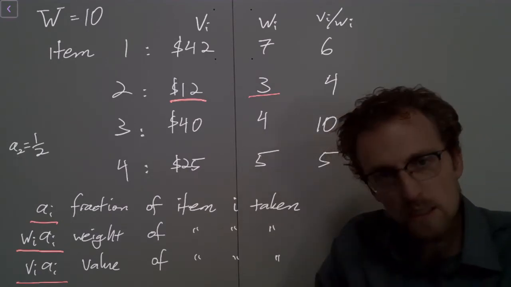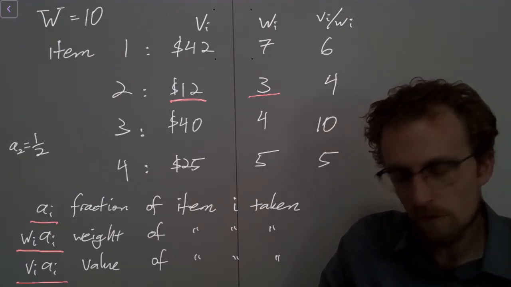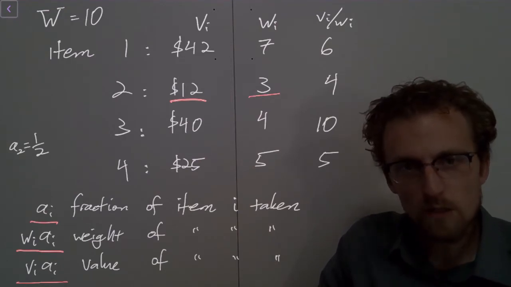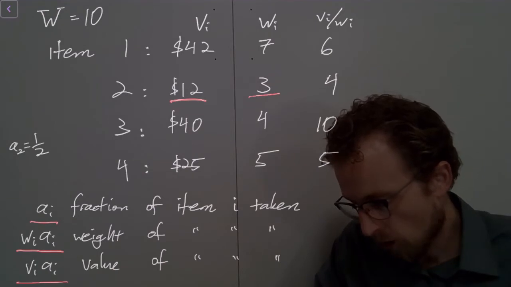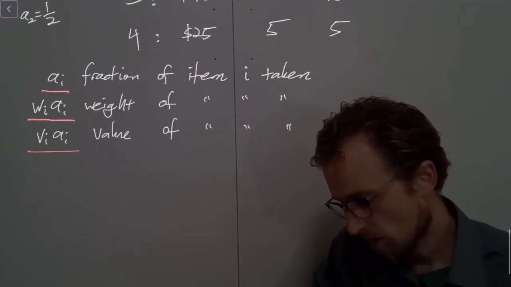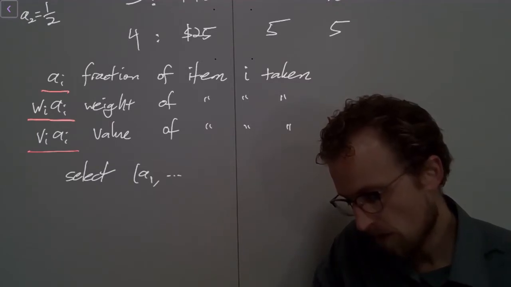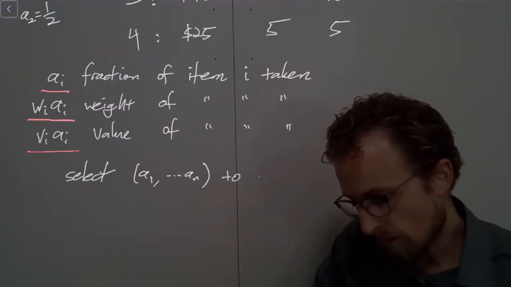But in any case, the optimization problem statement of the fractional knapsack is almost identical to the optimization problem statement of the 0-1 knapsack. The goal here is to select these A's, A1 through AN, to maximize.